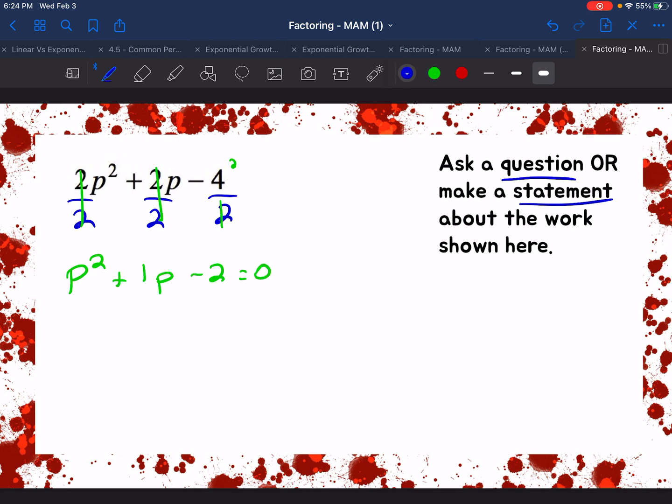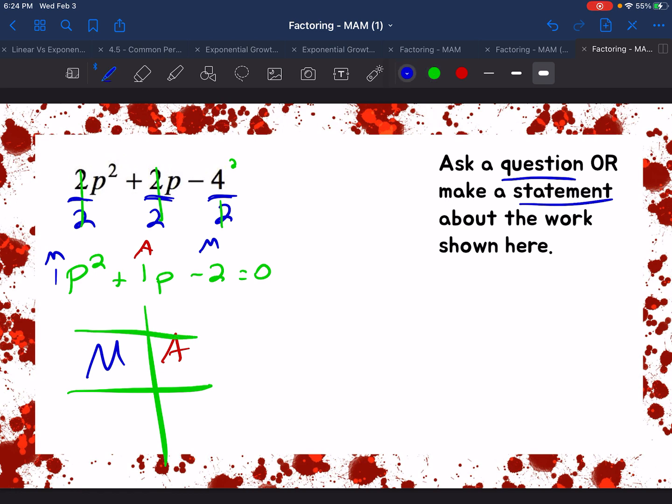Ask a question or make a statement about what just happened. So what I did was I noticed that there is a greatest common factor. All of these can be divided by 2, so I just went ahead and did that. And now when I'm solving it, I have a 1 in front, and now I can proceed normally. So I'm going to do M, A, M. I can make my MA chart.